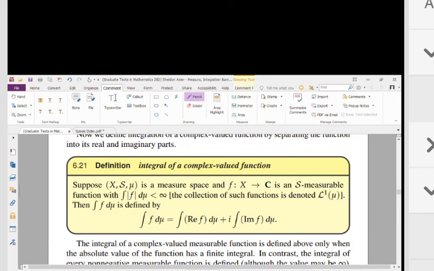The Lebesgue integral with respect to mu equals this summation: the integral of the real part plus i times the integral of the imaginary part. Okay.